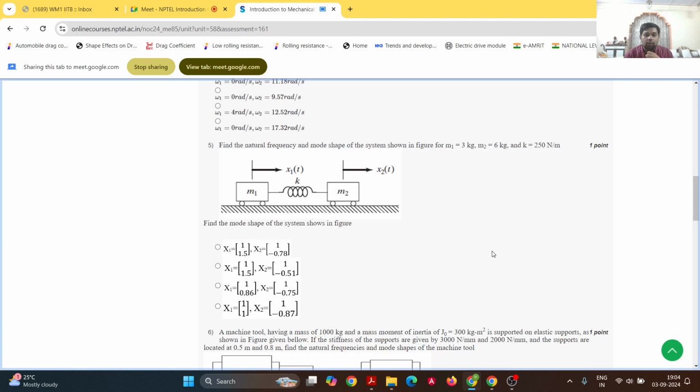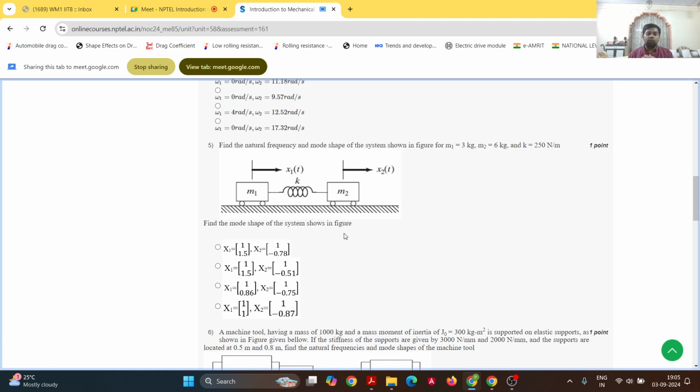Okay. I think this x1, x2 is basically an eigenvector. So eigenvalues and eigenvectors, right?